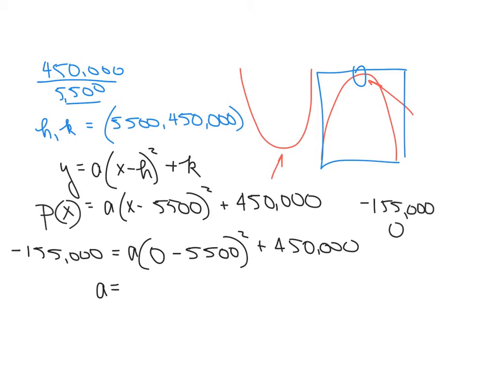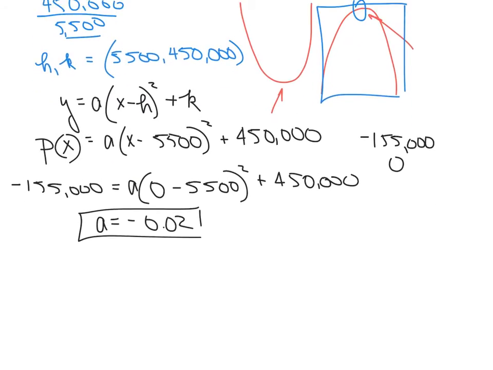And we find that a is negative 0.02. Okay, so we go back up here to our equation that we started at, and we have a variable here and a variable here, but now we know the a value.